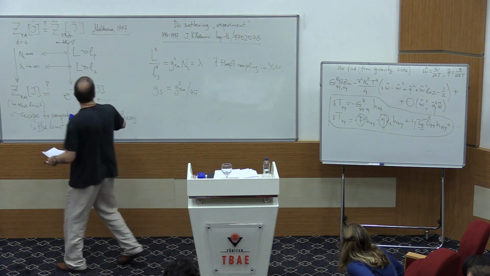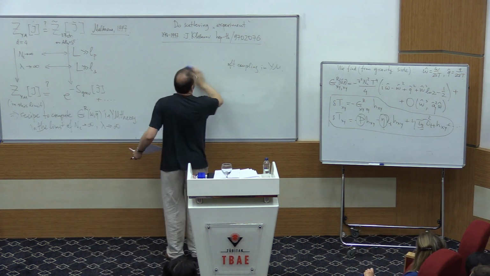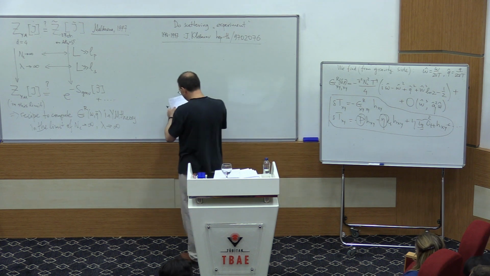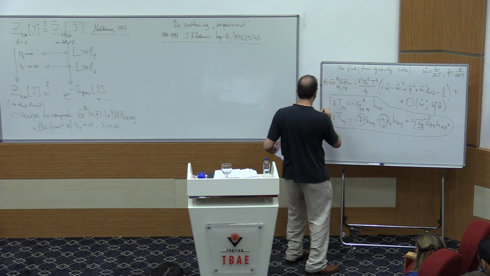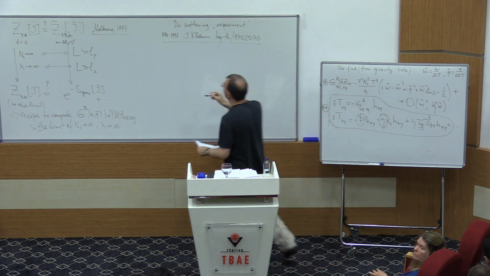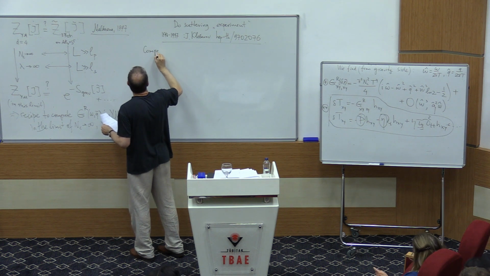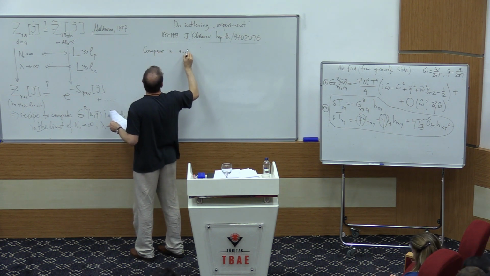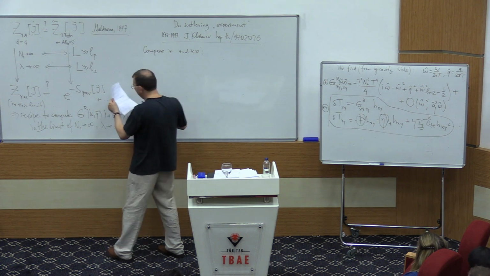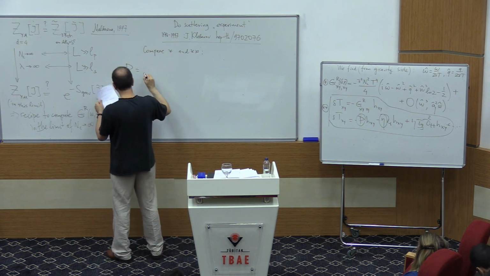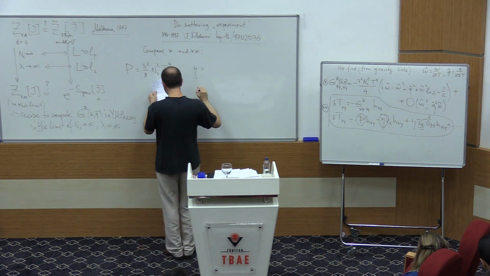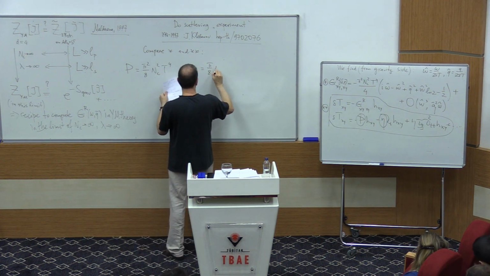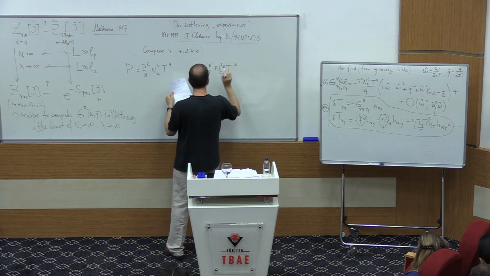Well, what do we get? Suppose this is star and this is two stars. Compare star and two stars, and you get the following. You get pressure, which is pi squared over 8, N squared c T to the fourth. Shear viscosity, which is pi over 8, N squared c T cubed.